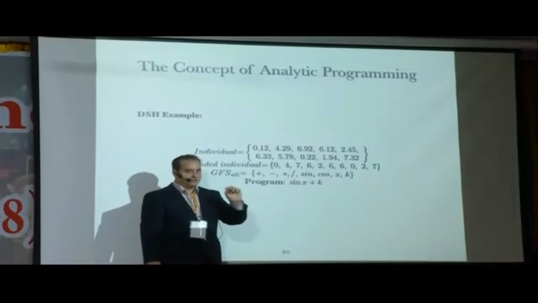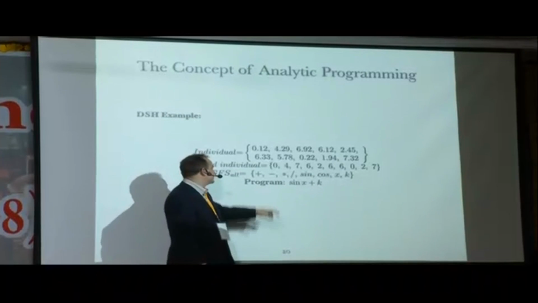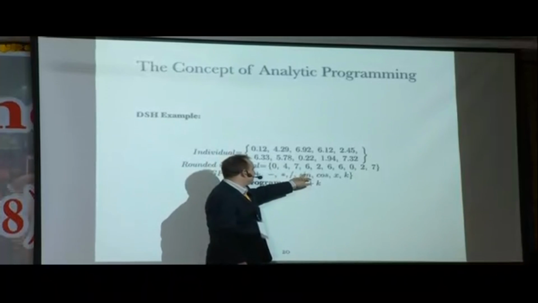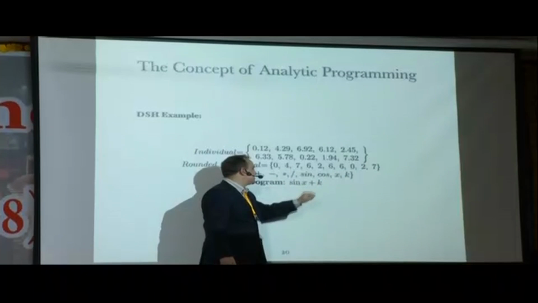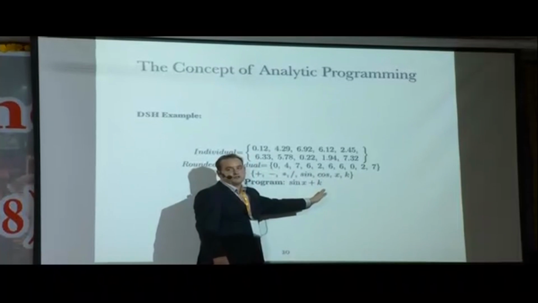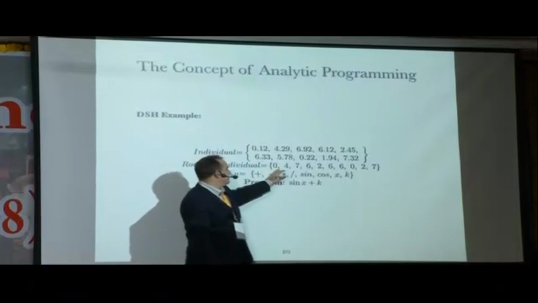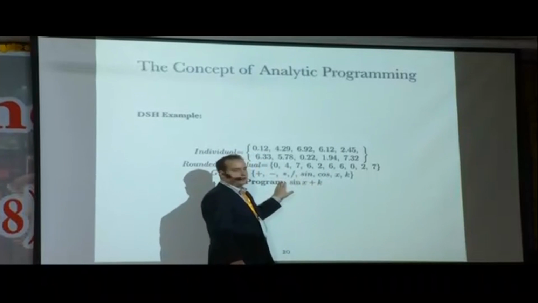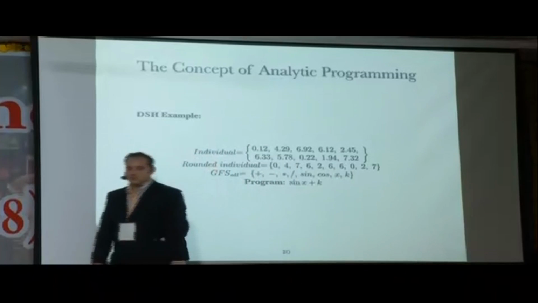And then the DSH knows that we need 2 or more operators. 4 and 7 are linked to sinus and some constant. So we have a sinus and constant. This is a terminal, this is closed. And what about this? The evolutionary algorithm knows, or this DSH knows, that okay, we need something more. 6 is this. And the formula is closed, and the rest of the individual is not needed anymore.